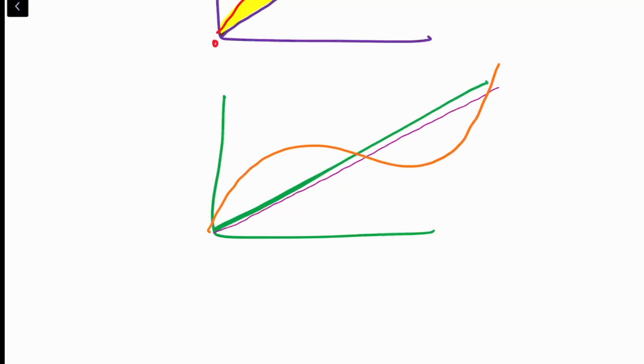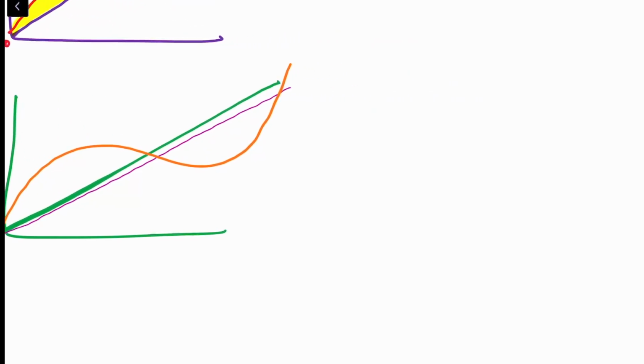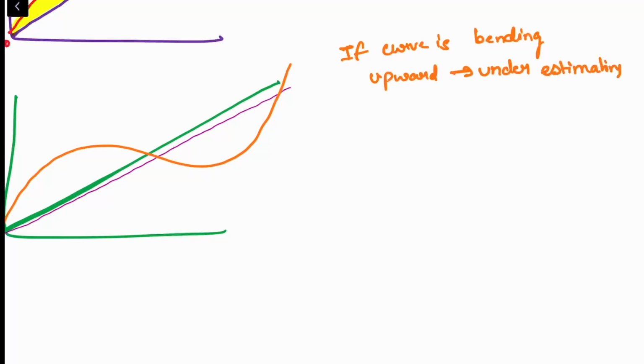So write down, if the curve is bending upward, then it is underestimating the risk, where PIT values are close to 0.